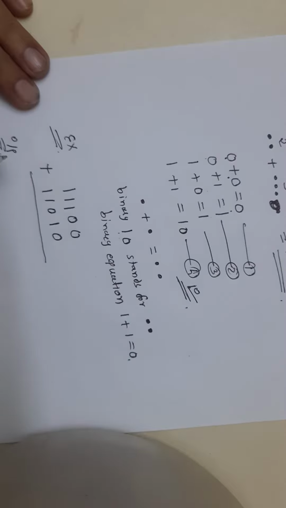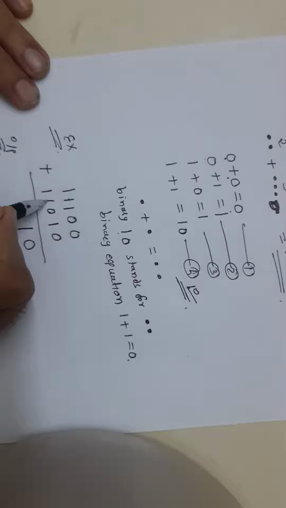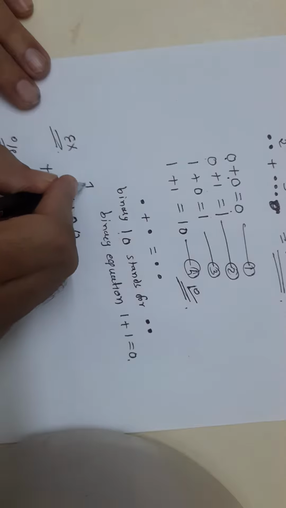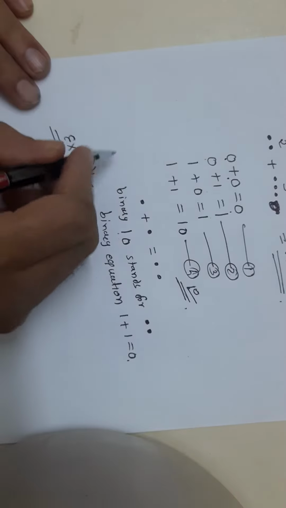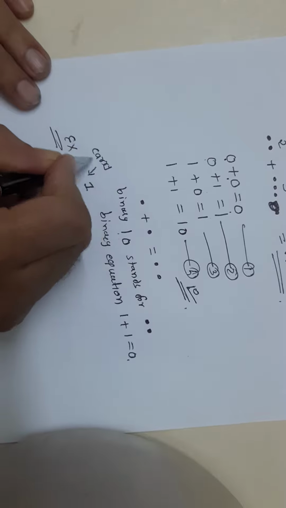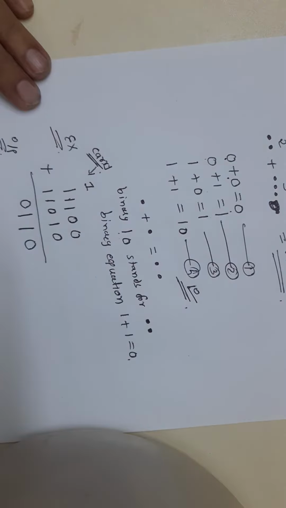Column by column: 0 plus 0 is 0, 0 plus 1 is 1, 1 plus 0 is 1, and 1 plus 1, according to equation 4, is 10, so we write 0 and there is a carry of 1.